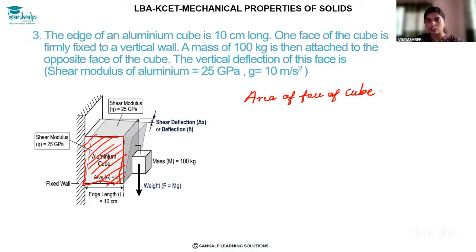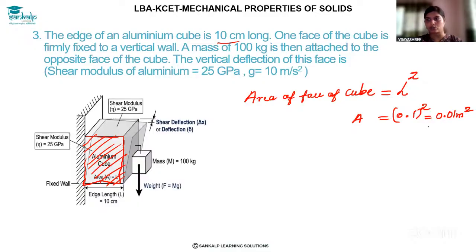We are given length as 10 centimeter, that means 0.1 meter. So area is L square, edge square, which is equal to 0.1 the whole square, which is equal to 0.01 meter square.